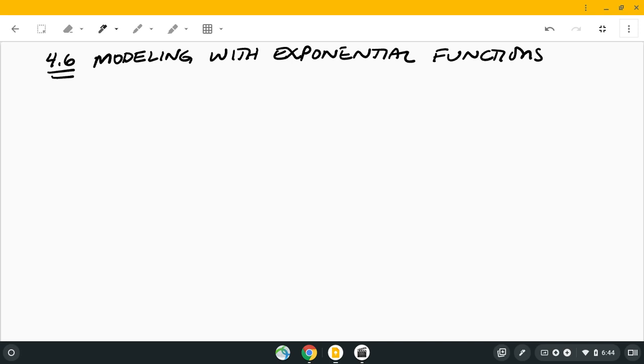Okay, so here we're dealing with exponential growth. And when we deal with exponential growth, oftentimes we are concerned about the amount of time something doubles.